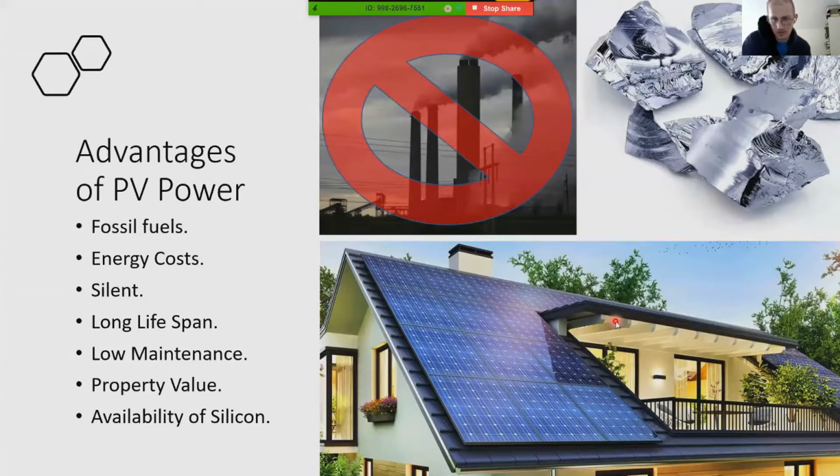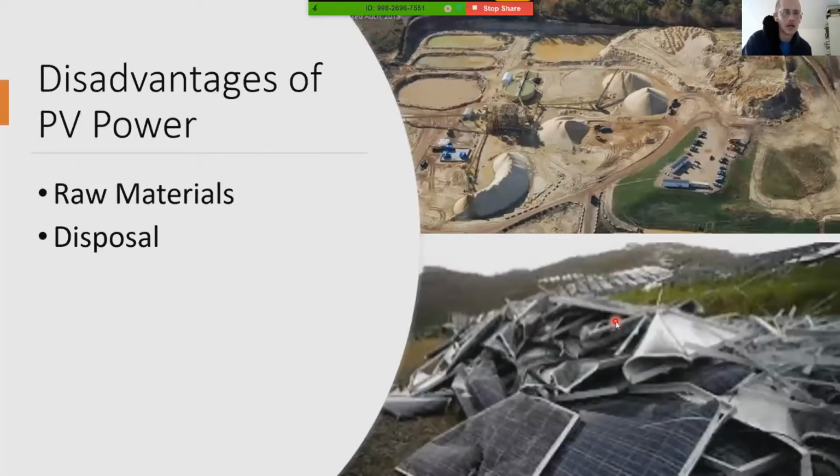They really don't have any maintenance beyond cleaning until you need to replace your panels. They can definitely increase your property value. That's just a given. And then the availability of silicon, it's the second most abundant element on the planet. So I predict we'll be making them for quite a long time.